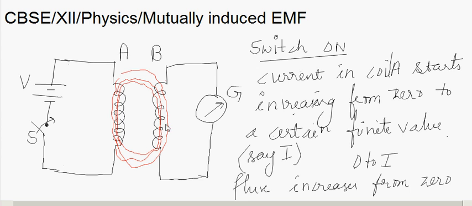That means the flux is varying with respect to time, and due to this an EMF gets induced in coil B, and this induced EMF is known as mutually induced EMF.